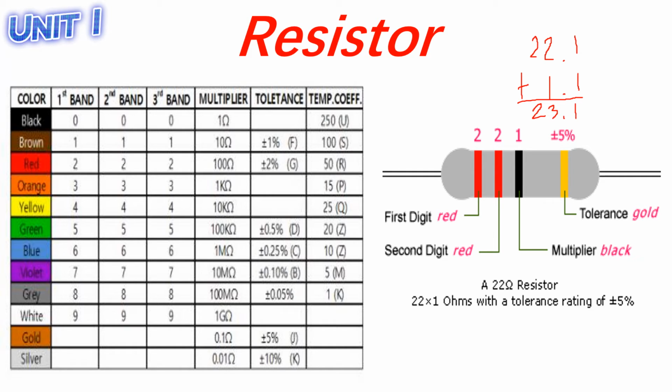And if you talk about your minimum, you just simply do the reverse. So you have 22 minus 1.1. So that will be 20.9. Okay. So again, this resistor can hold between 21 ohms to 23.1 ohms.